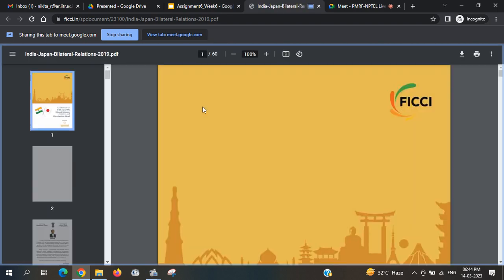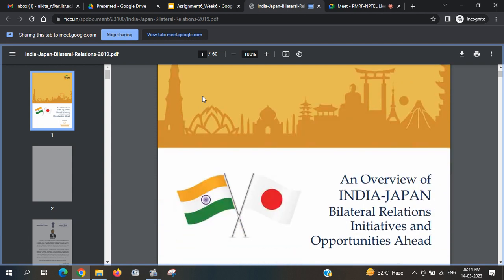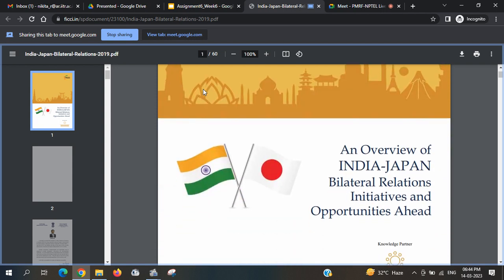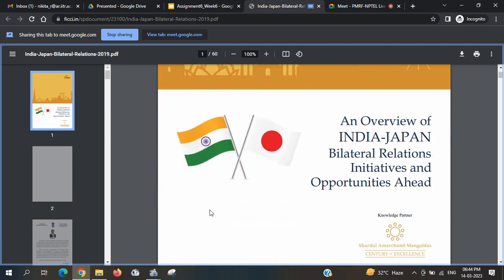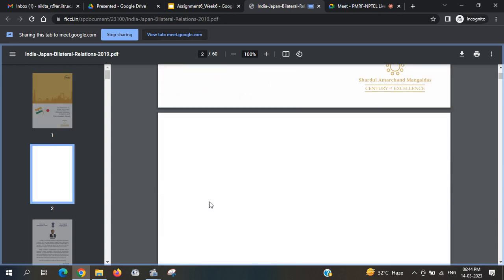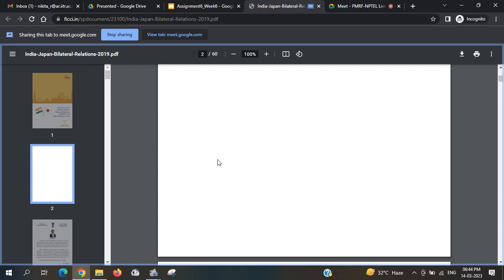So, this is a link of FICCI which provides an overview of the bilateral relations between India and Japan, with which opportunities and initiatives are ahead.